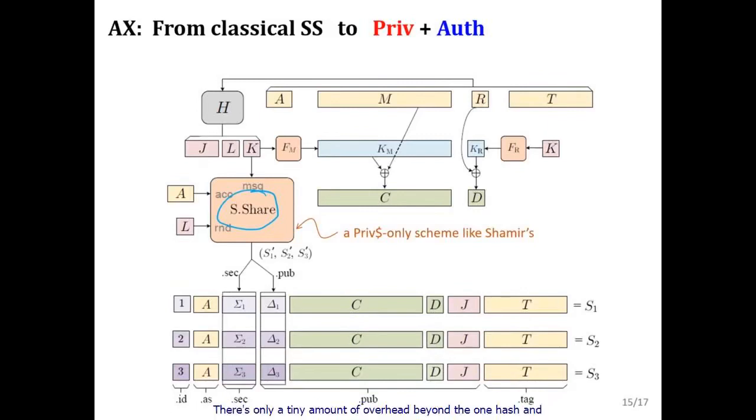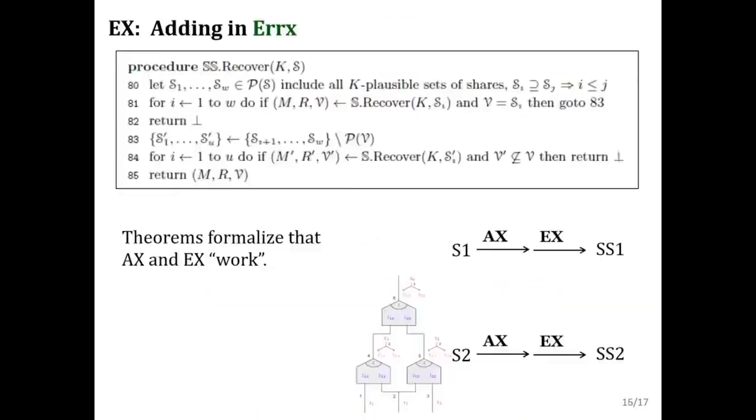There's only a tiny amount of overhead beyond the one hash in the PRG application, as the lower-level secret sharing scheme is only used on messages of a fixed size, like 16 or 32 bytes. There is some more work to add in error correction. We structure this additional work so that the sharing algorithm is unchanged and the recovery time is not increased for the usual case where all the presented shares are valid.